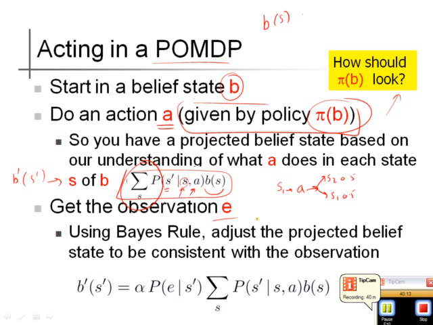We didn't make a huge deal about acting in the MDP. Why? Because it's not that complicated. You know exactly which state you are in, the policy tells you what action you are supposed to do, you do the action, and then you know which state you got into, and then you look into the policy. I could write a slide like this, but it's a much smaller slide.